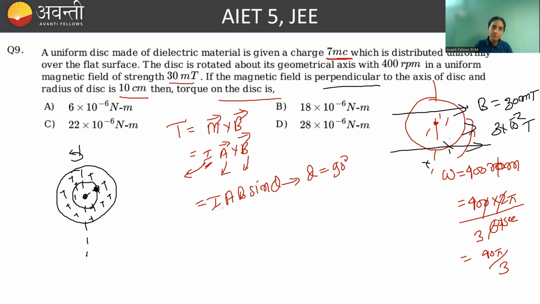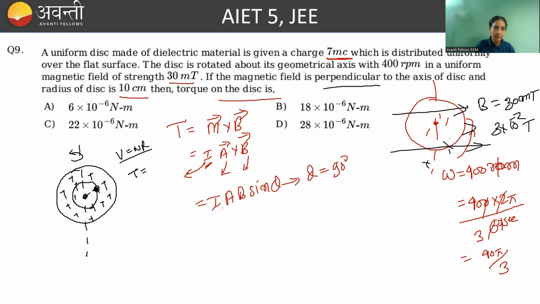In that case, every point will have the same angular velocity, but different points will have different linear velocity, because v equals omega r. And if v is different, will the time period of every point to go around in a circle be different?